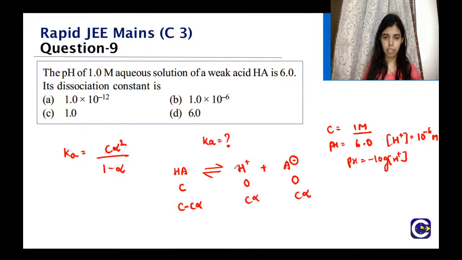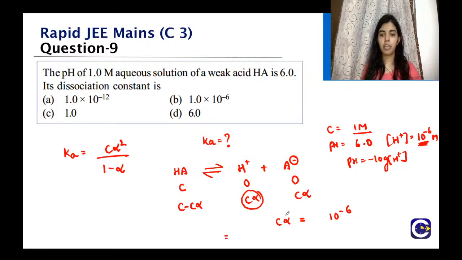Now we know that the H plus concentration is C alpha, and we already know the H plus concentration is 10 raised to the power minus 6, from the value of pH. So put C alpha equals 10 raised to the power minus 6. Equate the two. Here C is 1 molar, so alpha will be equal to 10 raised to the power minus 6 divided by 1, that is 10 raised to the power minus 6 only.